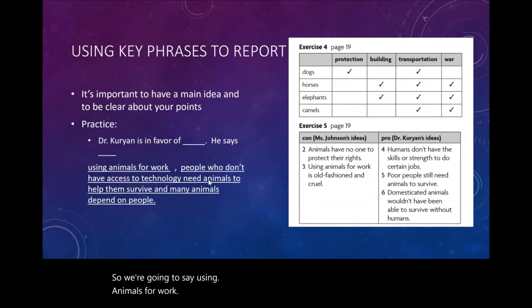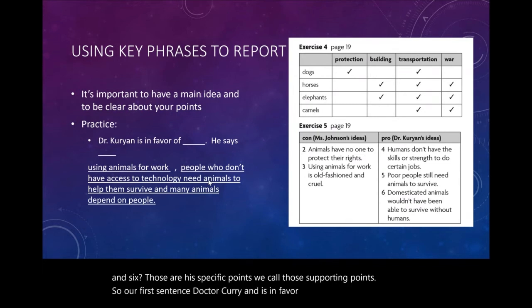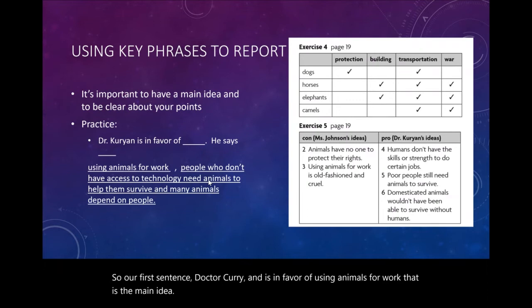And then the second part of the sentence, okay, so now we're going to report his specific ideas. Look over at the chart again. Do you see that number 4, 5, and 6? Those are his specific points. We call those supporting points. So our first sentence, Dr. Kurian is in favor of using animals for work. That is the main idea sentence.